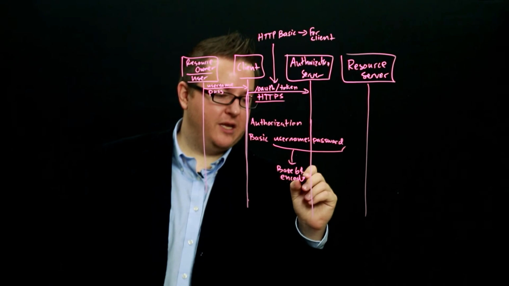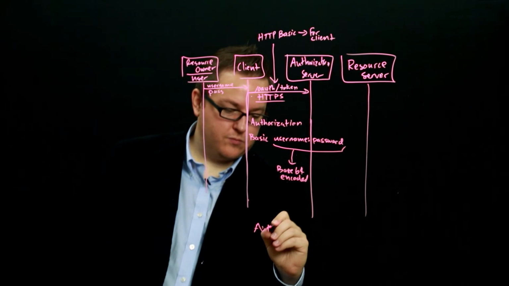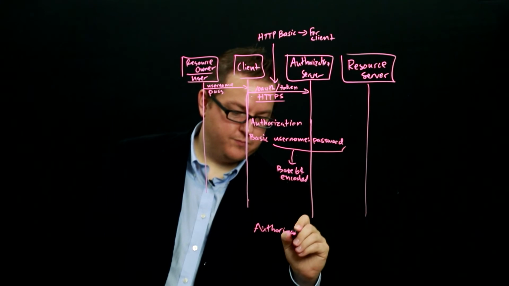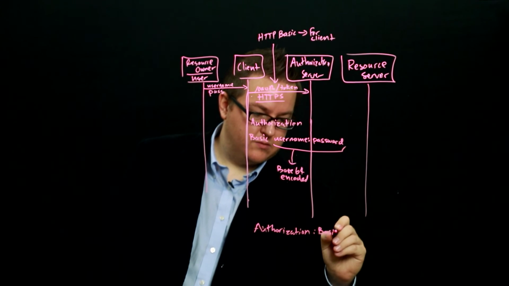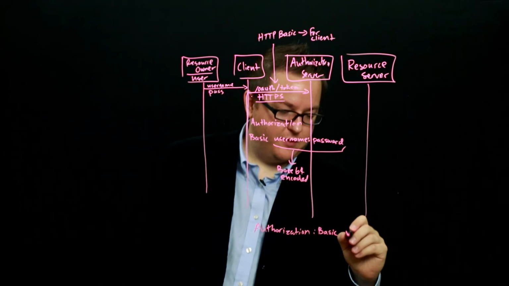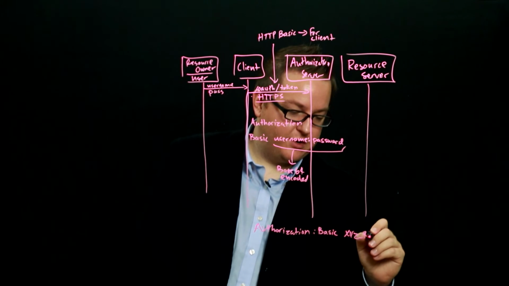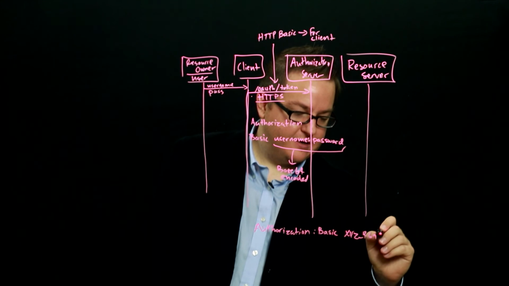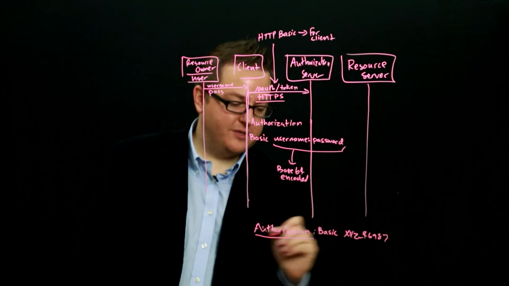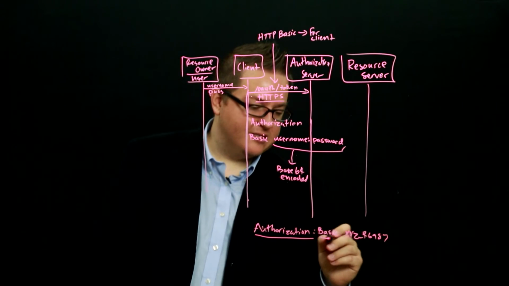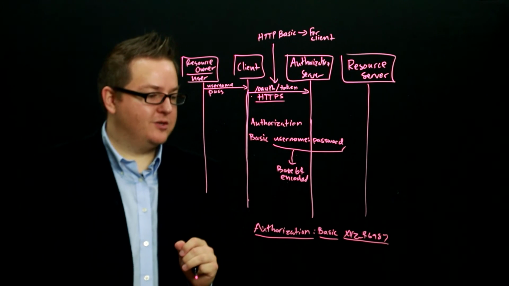So we end up with something that looks like authorization basic, and then I have no idea what a proper base 64 encoded value will look like, but something along the lines of this, where we have our authorization header, and then the value for it is basic with the username colon password base 64 encoded into a string.